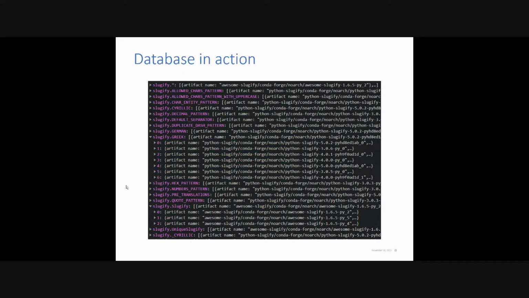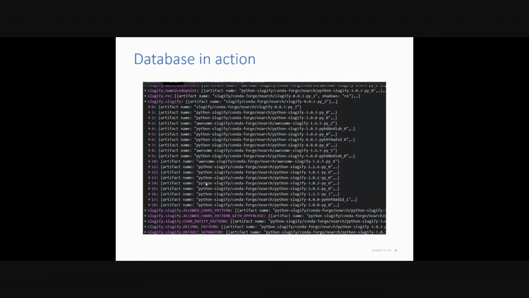But they deviate quite a bit in terms of their API. So for instance, slugify.greek is a constant that's provided by Python Slugify, but nobody else. Slugify with a capital S is only provided by Awesome Slugify. We could go further. Lowercase slugify is provided by Slugify, Python Slugify, and Awesome Slugify.